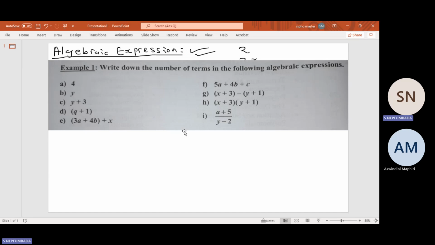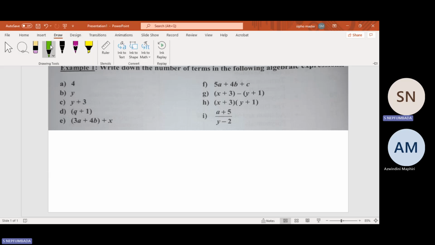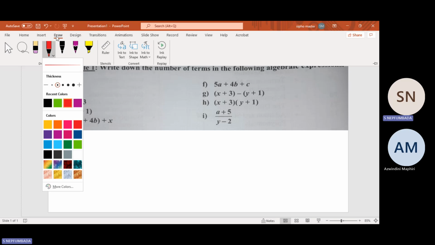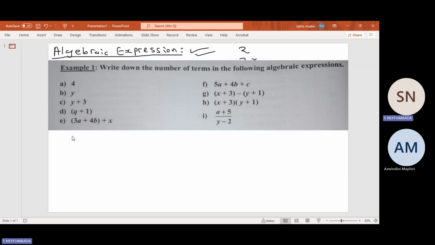Write down the number of terms in the following algebraic expression. The first one, how many terms?